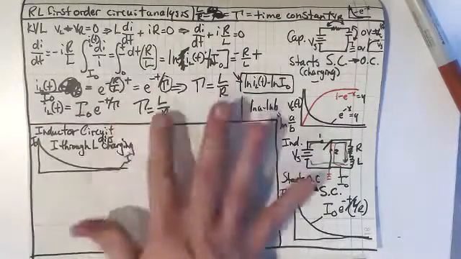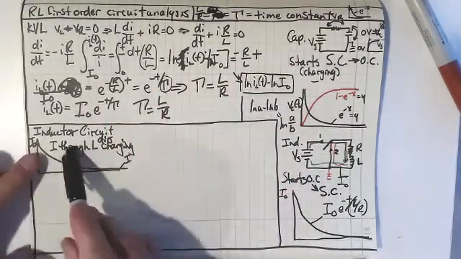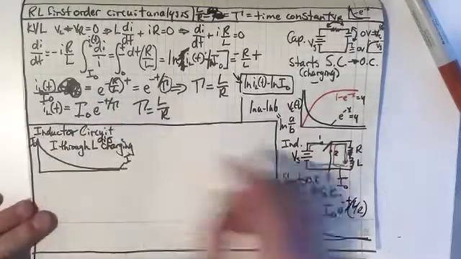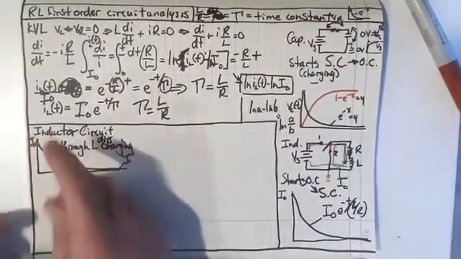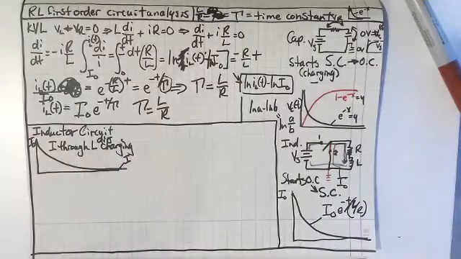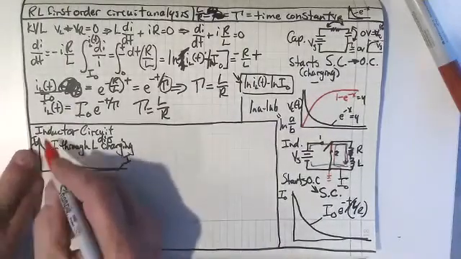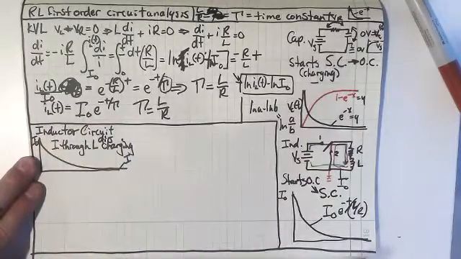Okay, so let's look at an inductor circuit. As I start to discharge the inductor, it's going to start as a short circuit. Let's just put those up there. So when it's discharging, it's already all the way charged, right? So now it's an open circuit.